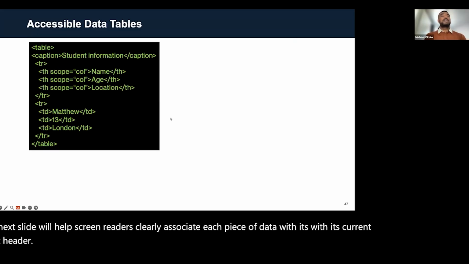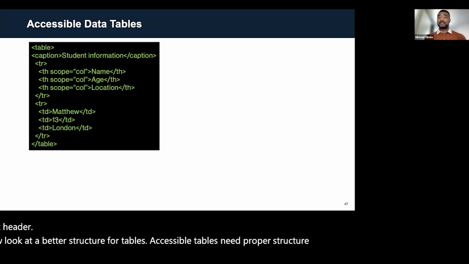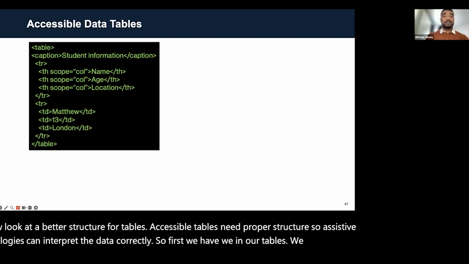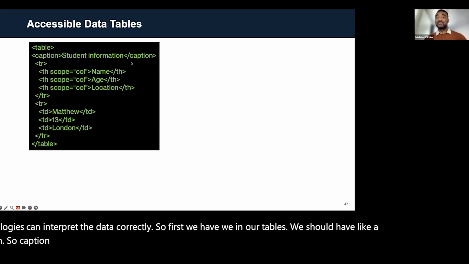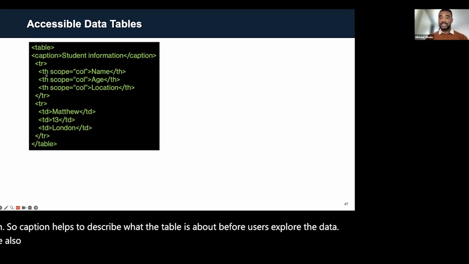Now let's look at a better structure for tables. Accessible tables need proper structure so assistive technologies can interpret the data correctly. First, in our tables, we should have a caption. The caption helps to describe what the table is about before users explore the data. And we also have the header, the TH.